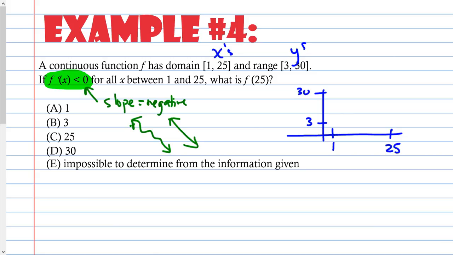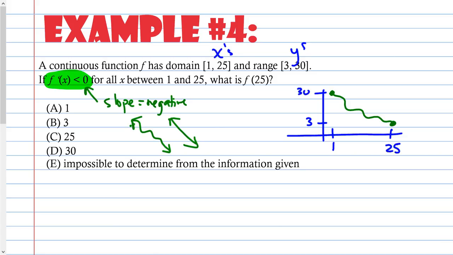If it's completely going down and the lowest x is 1, but the highest y is 30, then it would make sense that it would start up here and then work its way down to 3 until it gets to 25.